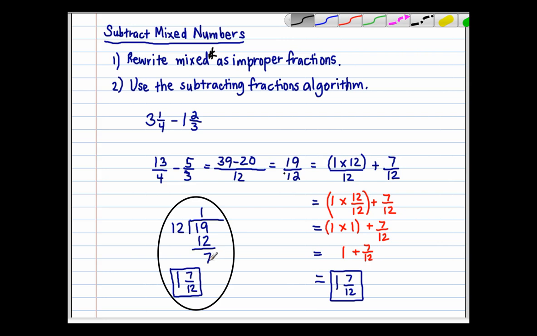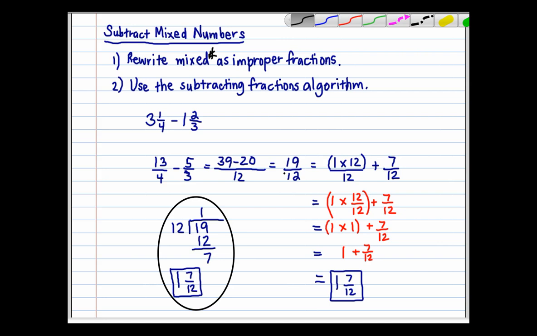And as we rewrite, we look up in the quotient for the whole number, we look down at the remainder for the numerator, and we look to the left for our denominator in the sequence of twelfths. You can think of it like a golf swing. You're getting ready to pick your golf club up, then you're putting it down, and then you're swinging to the denominator. That's just one way to think about it.